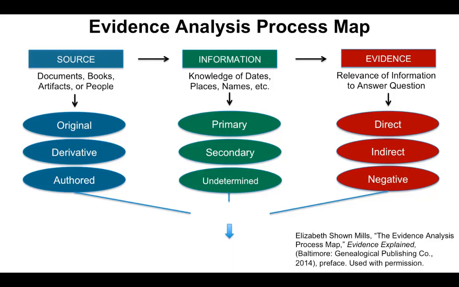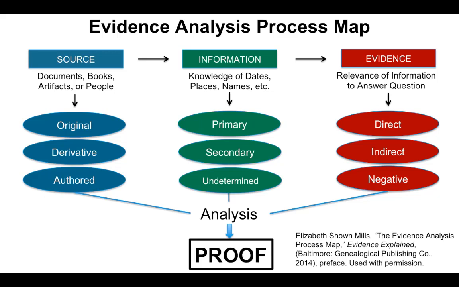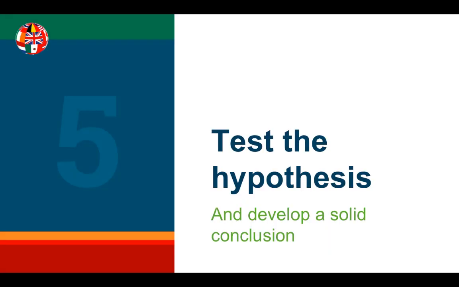So back to our evidence analysis process map. When sources, information, and evidence are all analyzed together, the researcher can show strong proof of the life events and relationships for their research subjects. Next, test the hypothesis and develop a solid conclusion.